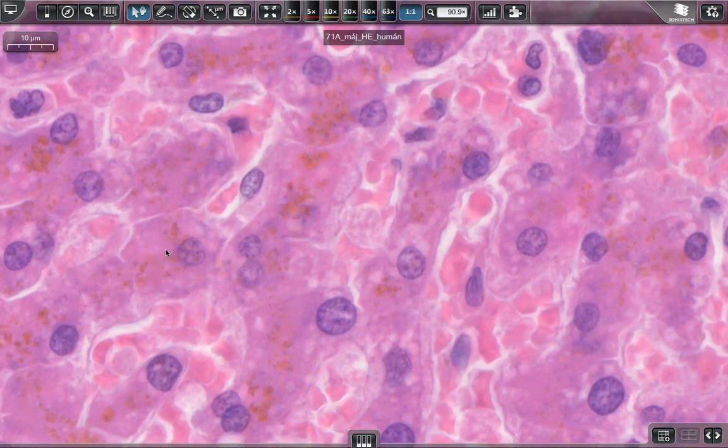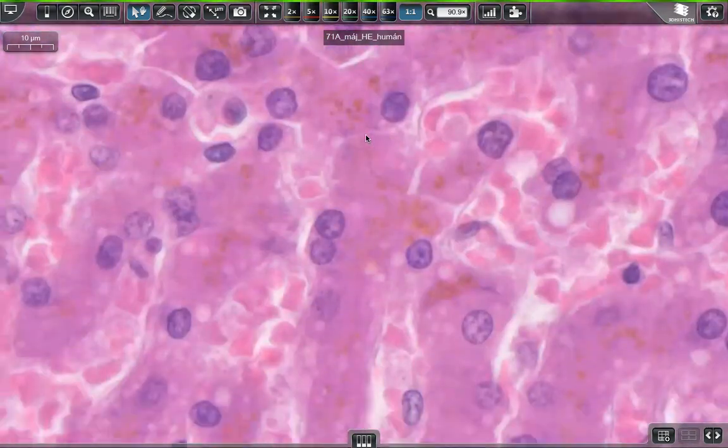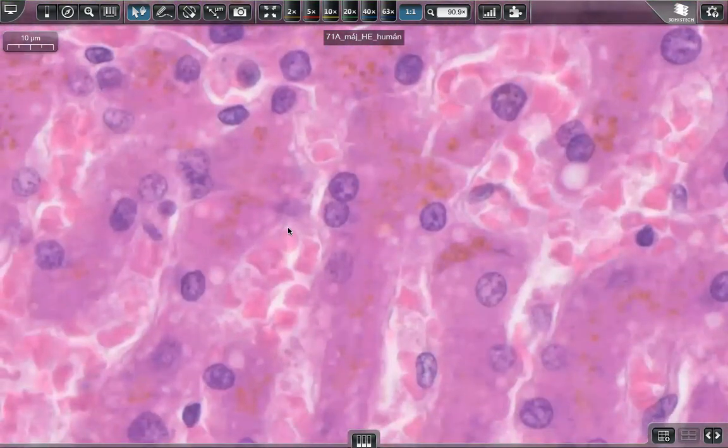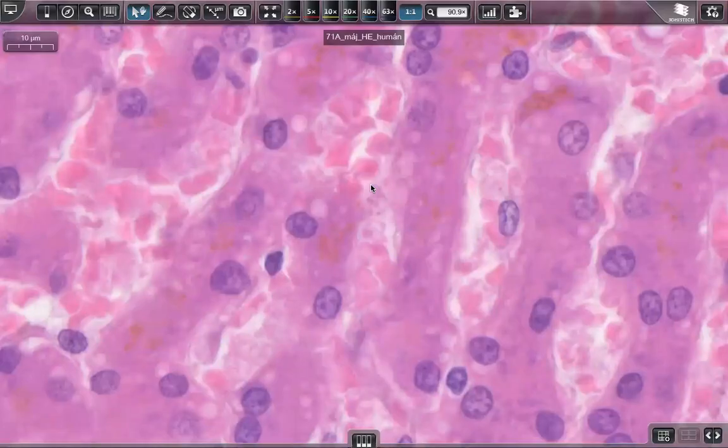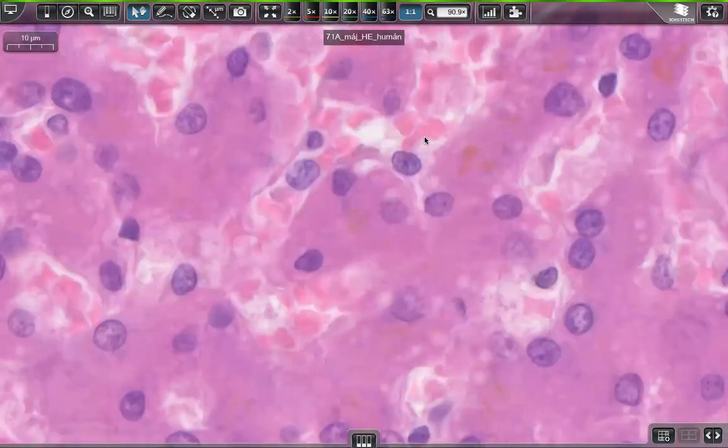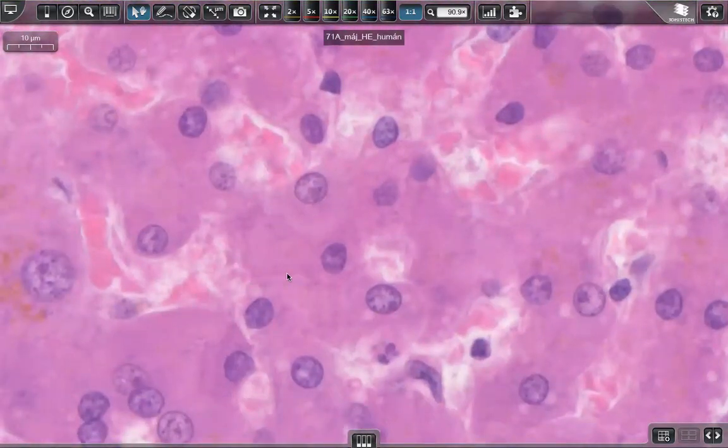So these are the bile canaliculi, and they are lined eventually by simple squamous cells. But the beginning of them are just presented between the hepatocytes without any kind of covering, just the wall of the cells.